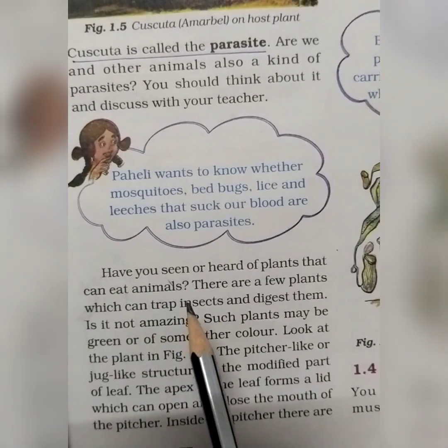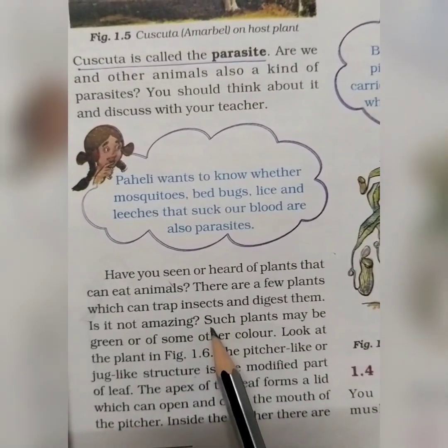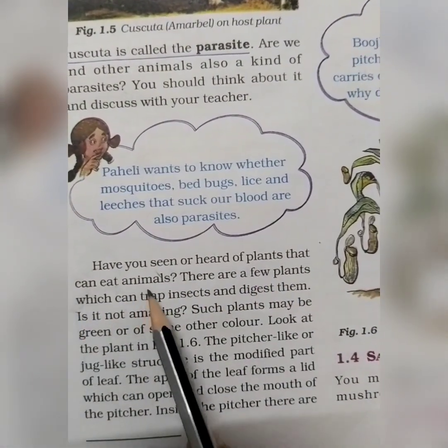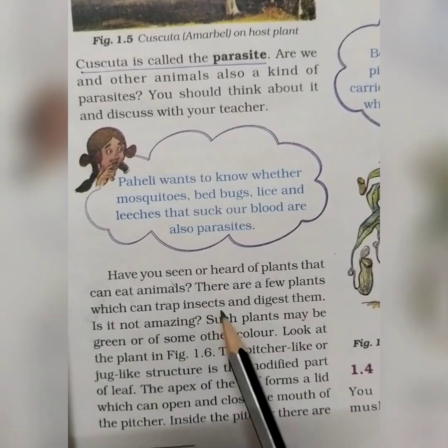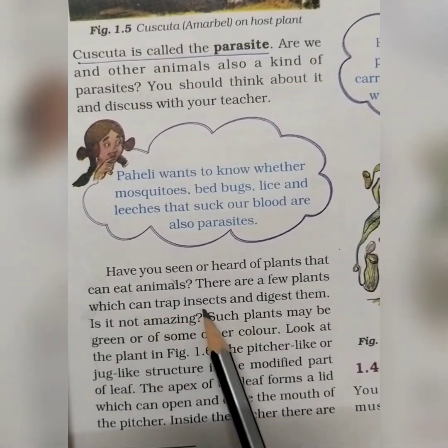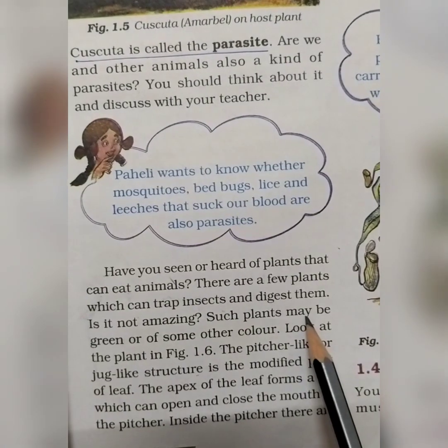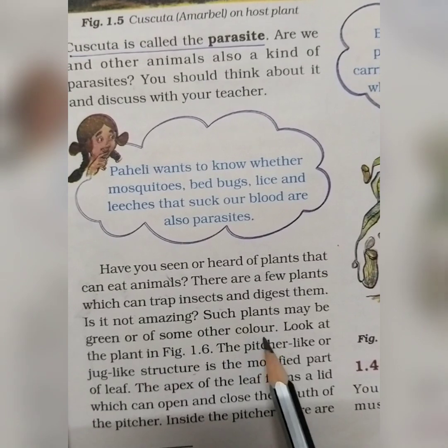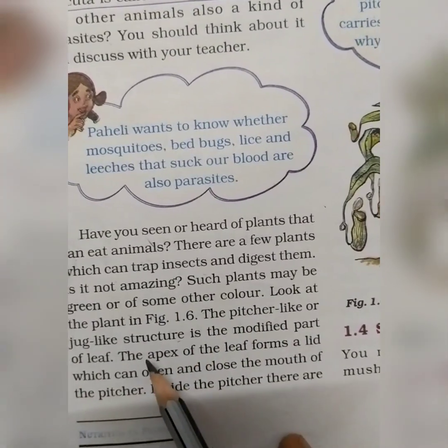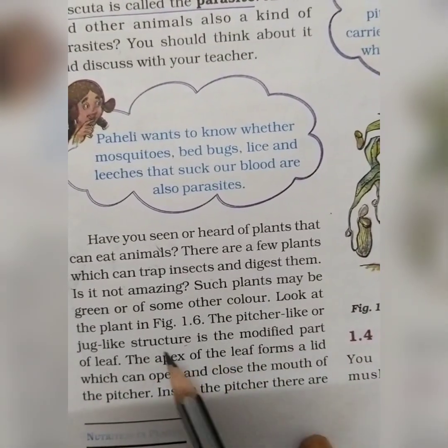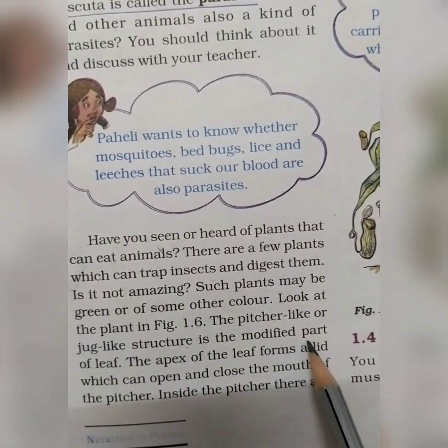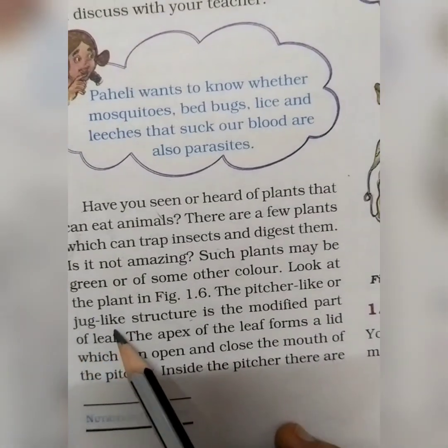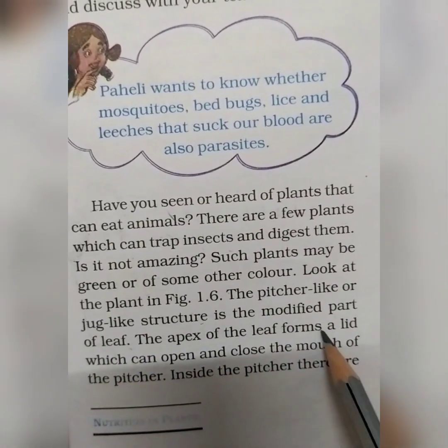Next we are going to discuss insectivorous plants. Have you seen or heard of a plant that can eat animals? Yes, there are a few plants which can trap insects and digest them. Such plants are called insectivorous plants. Plants may be green or of some other color. The pitcher-like or jug-like structure is the modified part of the leaf.